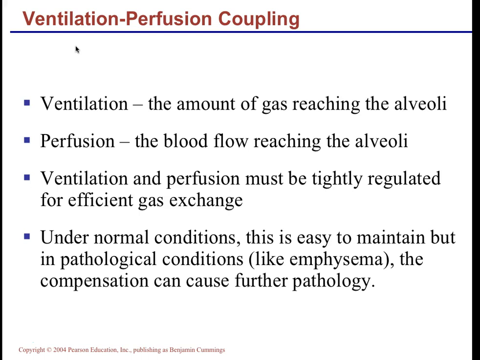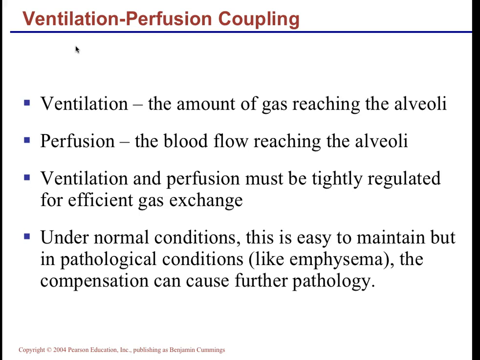And so the blood flow is just reduced a bit to match that. So it's called ventilation perfusion coupling or matching. And just as an aside, if this makes no sense, don't worry about it, it's not going to be on the quiz.